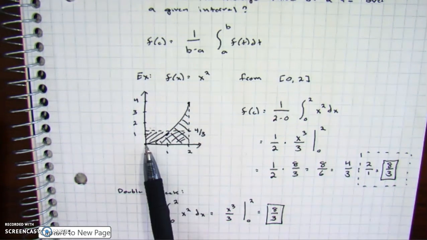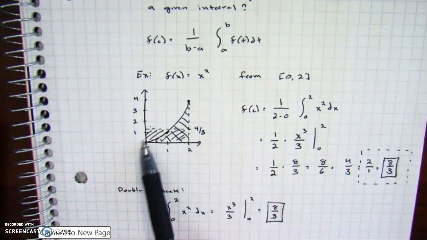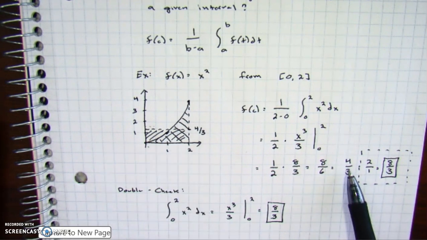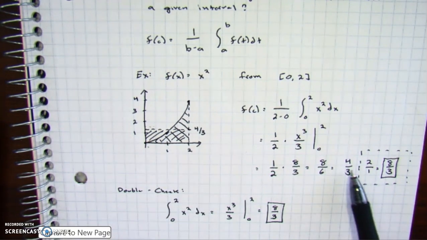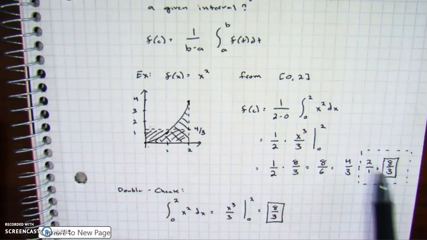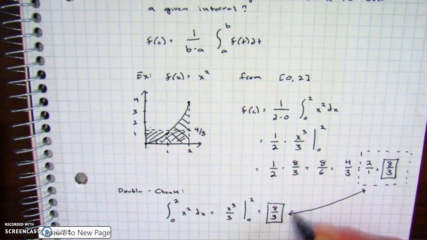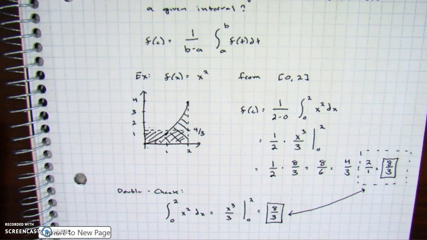It gives the average value you would get if you averaged every single value of the function on the y-axis. But if you want the area of that rectangle, you multiply it by the width too. And with our double checking, we see that it works, so we can be fairly confident that we found the correct constant function. Okay, I hope that helps. That should give you a good jump on the mean value theorem.